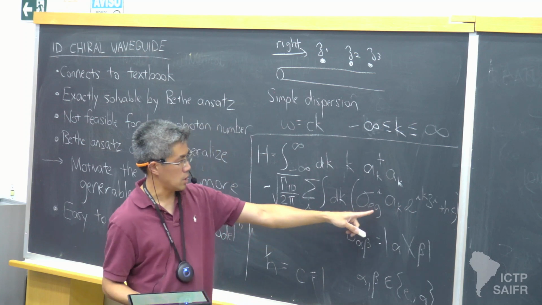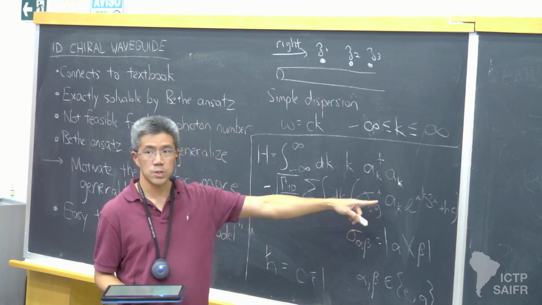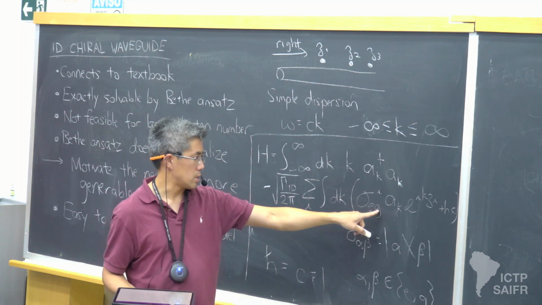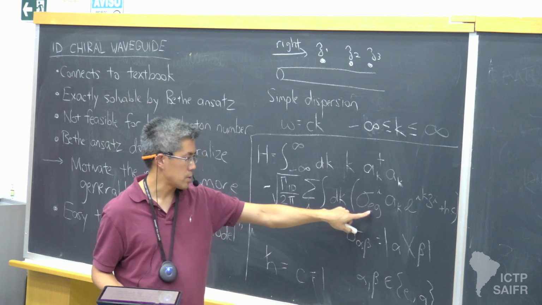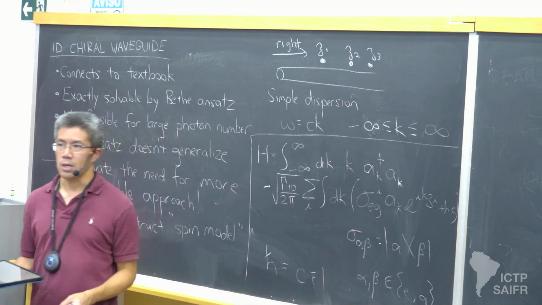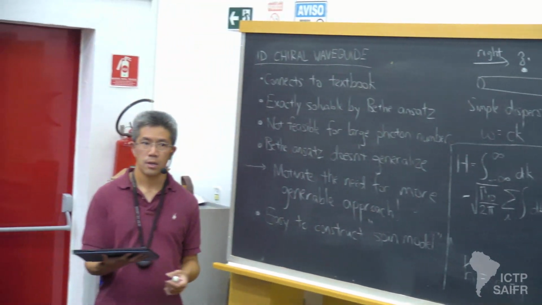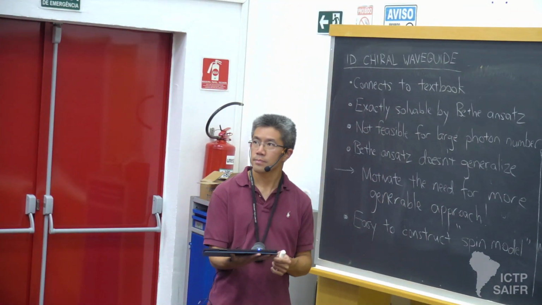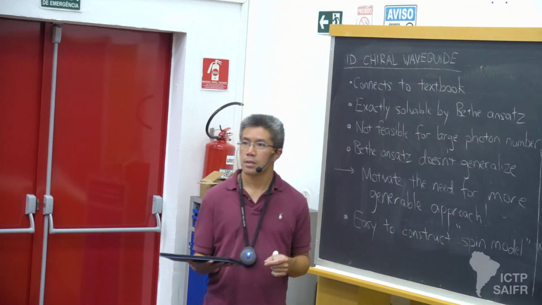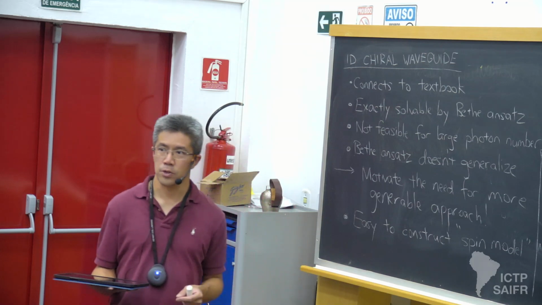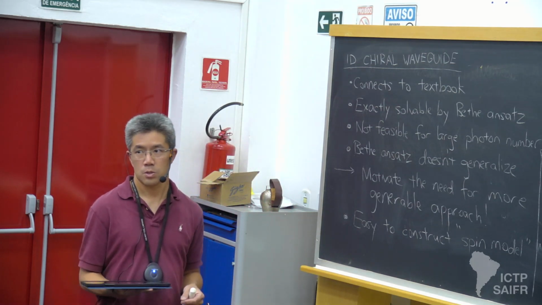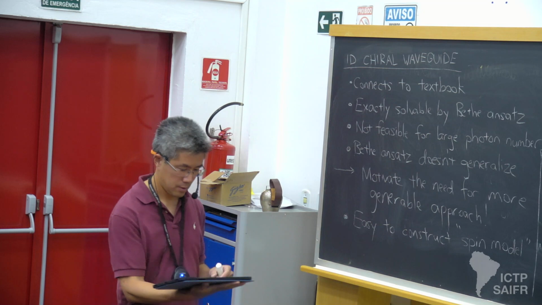So sigma eg basically means it's a raising operator. It acts on an atom and takes the atom from the ground state up to the excited state. Creation operator, right, for the spins. Or spin raising operator, if you want.